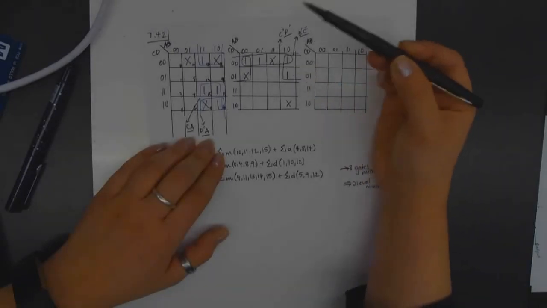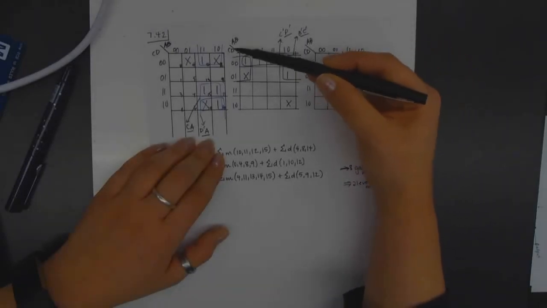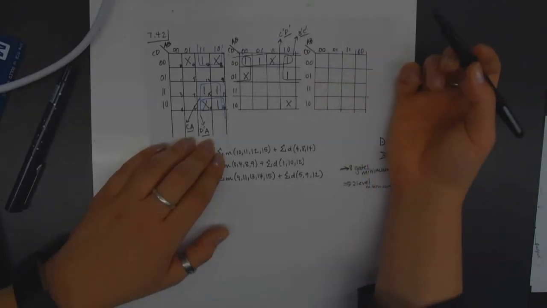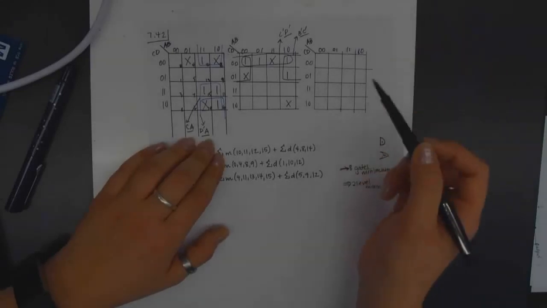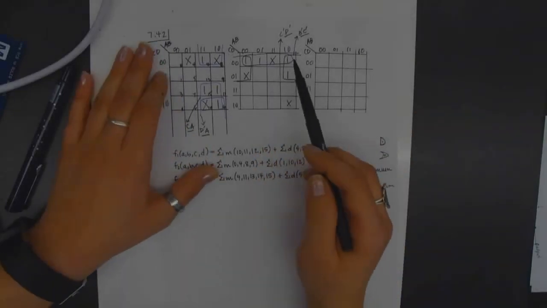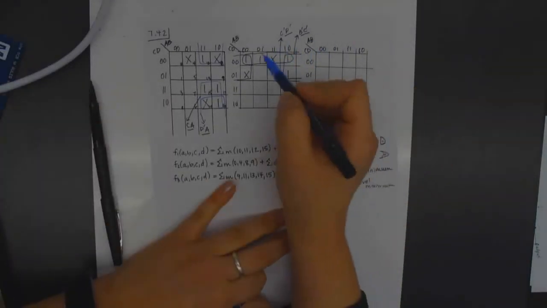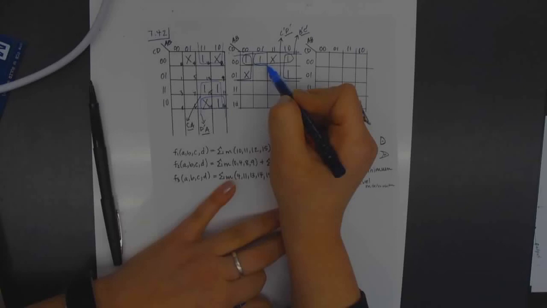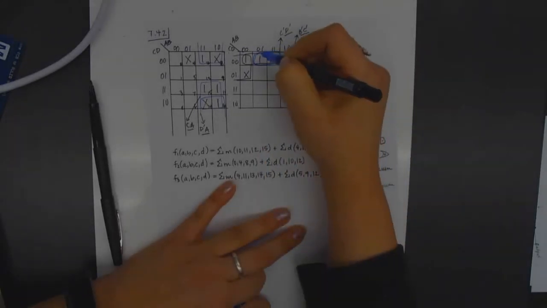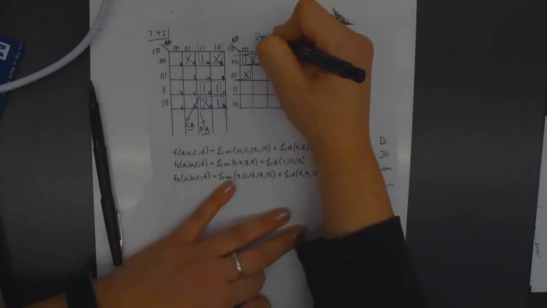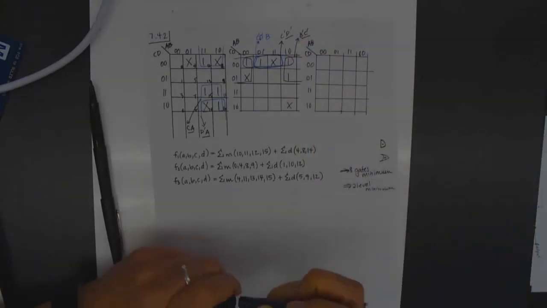And then we'd have C prime, D prime, and B. But if you're looking at this at the same time, look at it this way. If I were to have these guys here circled instead, that would give me C prime, D prime, B, right?